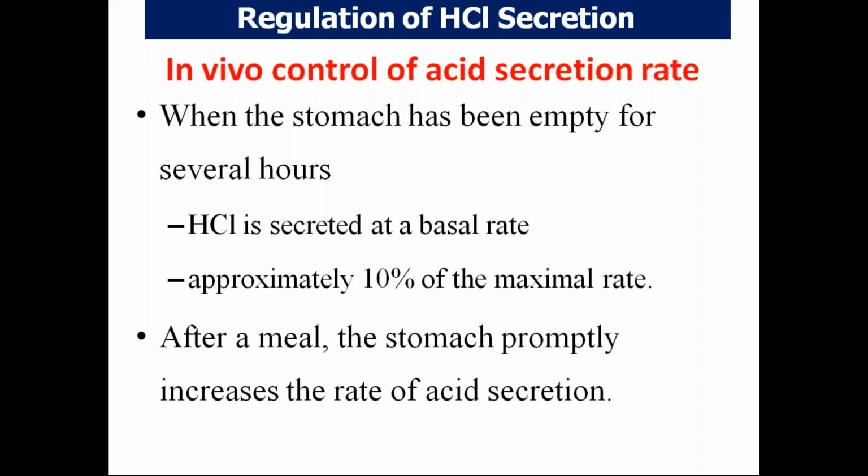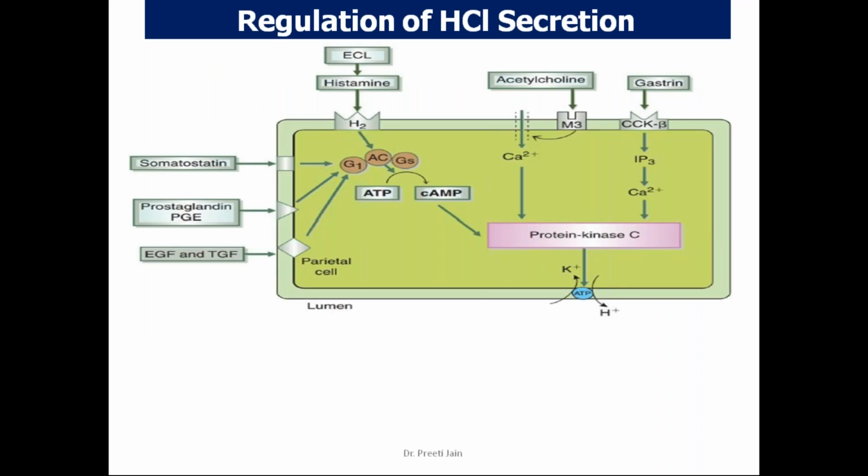Then we come on to how the control of HCl secretion is occurring, right? When the stomach has been empty for several hours, that is your basal acid output. After a meal, the stomach promptly increases the rate of acid secretion.